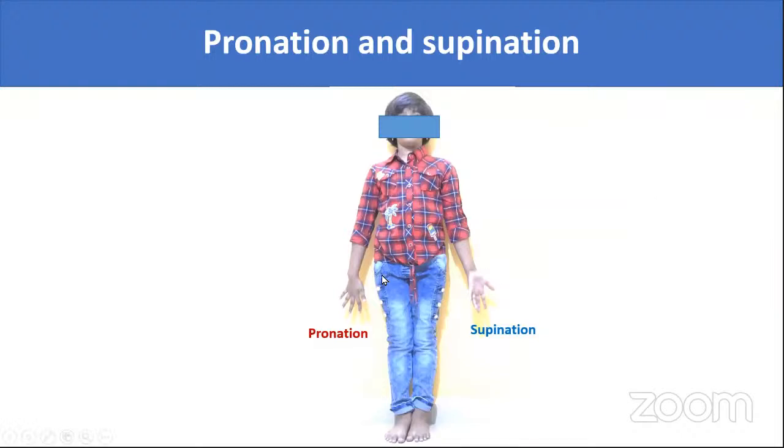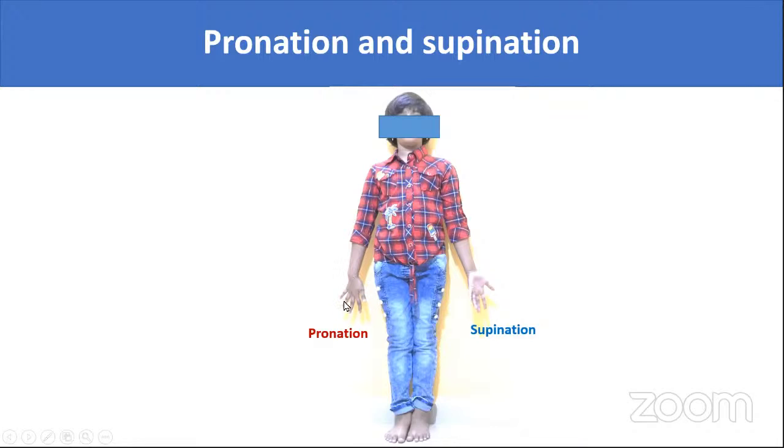Here, in this photograph, the two palms are there. A hand part or the palm part is there. Here you can see the palm part is present towards the anterior side, whereas here the palm region is present towards the posterior side.